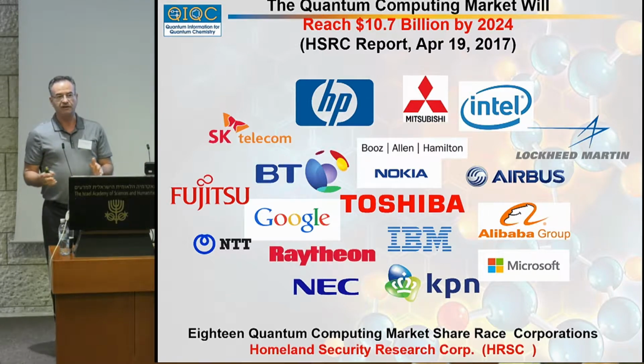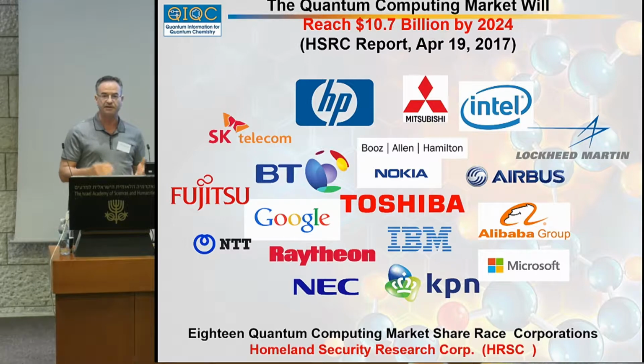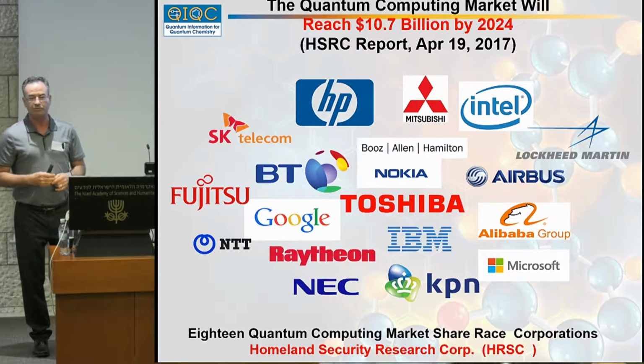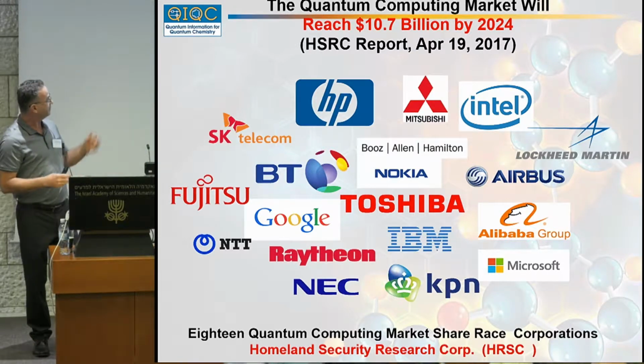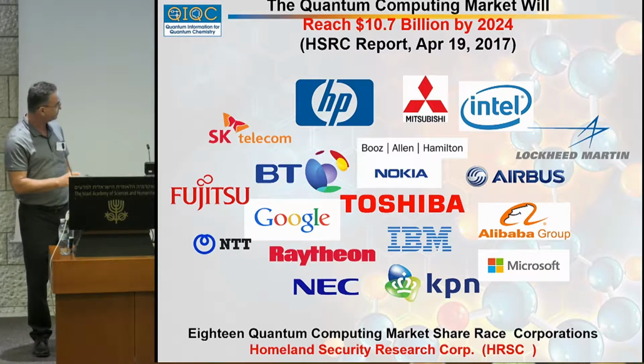So if you look at this field in '94, the field got excitement because of the factoring algorithm of Shor. And in the last 2 years, now the industry is building strong quantum information computing groups and is leading the field, mainly IBM and Microsoft.